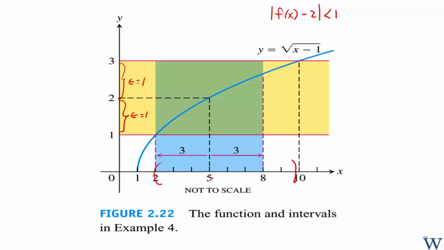Then we want to get a symmetric open interval around 5, and we've chosen the smaller delta, so we got delta equal to 3, so that when we go up, the y values for all these x's in the blue interval from 2 to 8 will be contained in the yellow horizontal strip, which means that the y values are all here, so it satisfies this inequality.